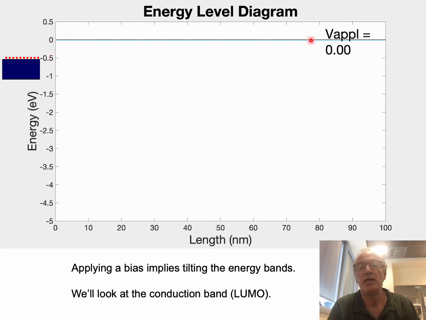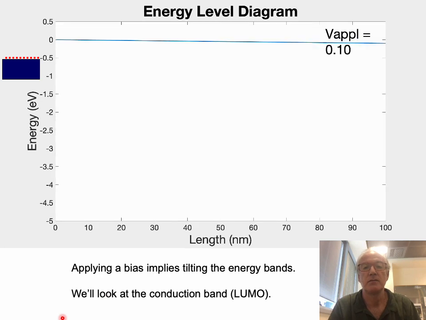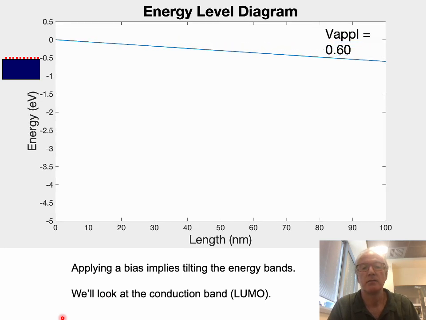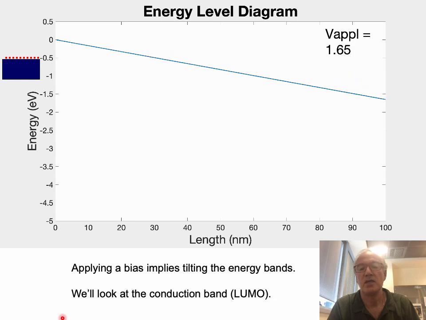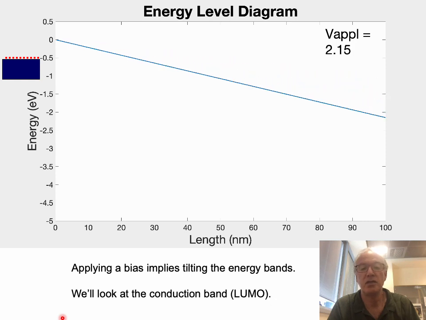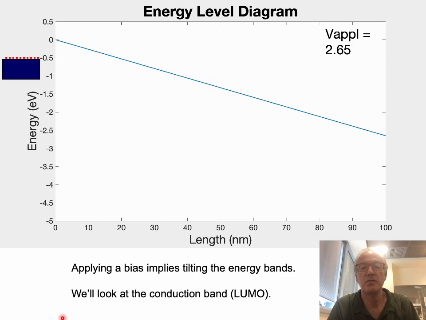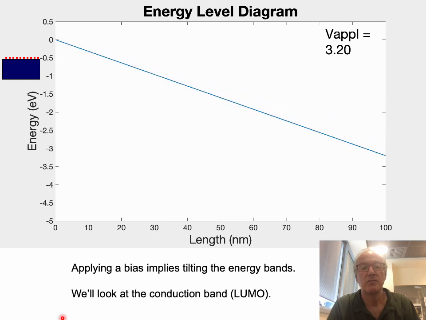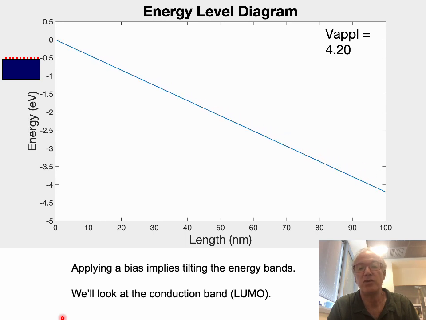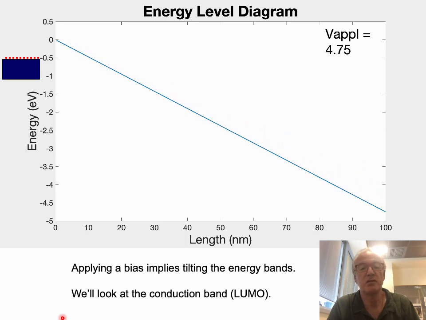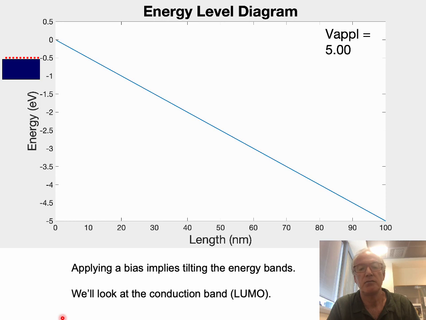We're going to apply a bias and see how the bands are tilted as a function of applied voltage. And this is nothing new. It's the standard tilt in the bands that reflects the electric field, which is the derivative of this band.